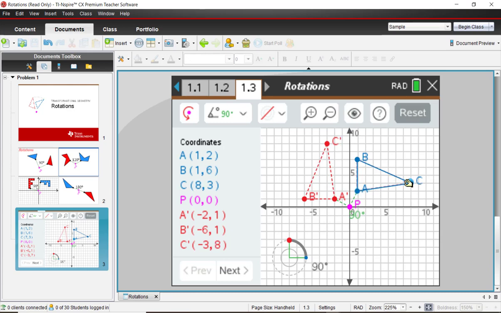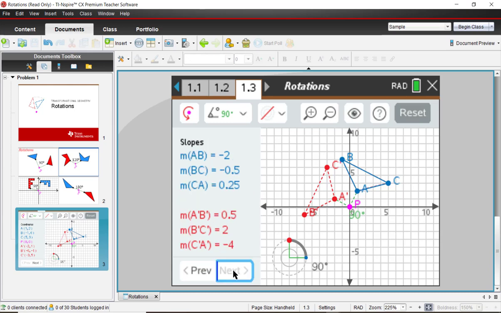Point C at 5, 3. And at B, -1, 6. So that's where I would like us to do this. So A is at 1, 2, C is at 5, 3, and B is at -1, 6.